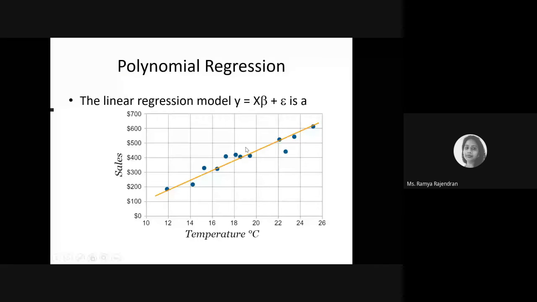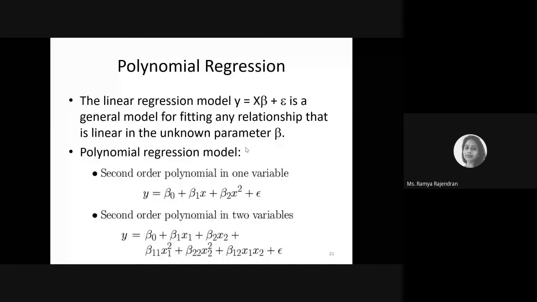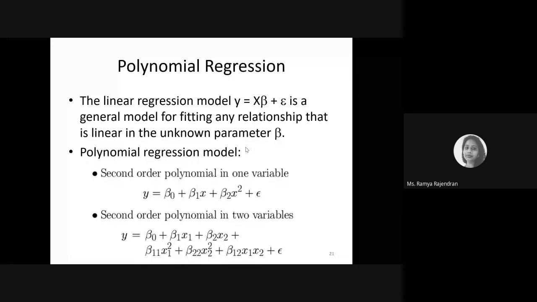Next we will be looking into polynomial regression. Polynomial regression is a regression method where we try to fit a relationship between the dependent and independent variables, as in multiple linear regression. The major difference here is the use of higher order polynomials.